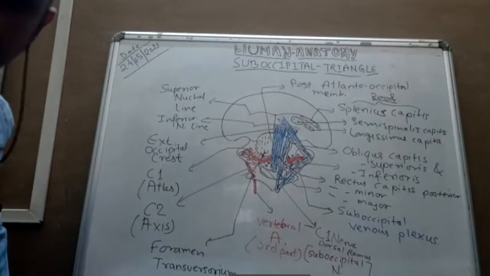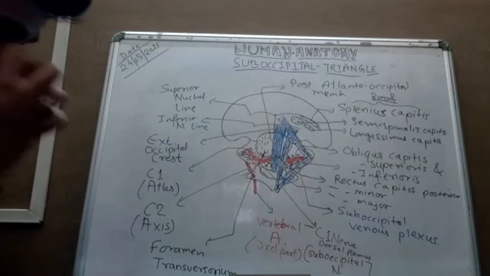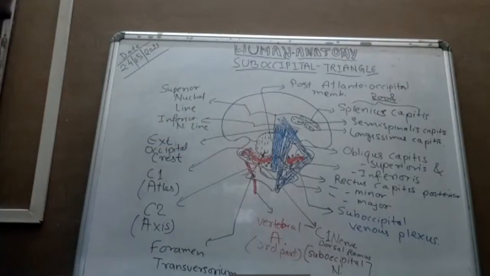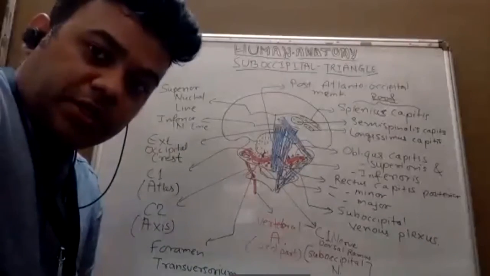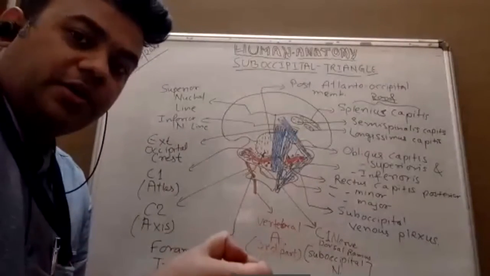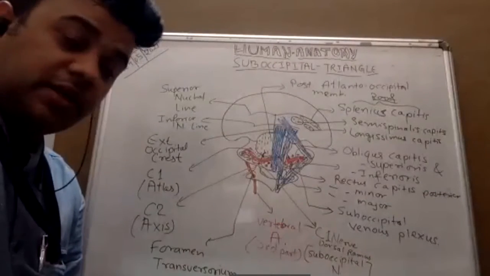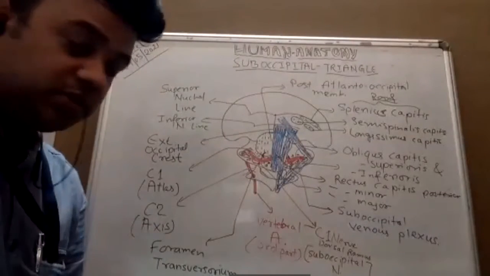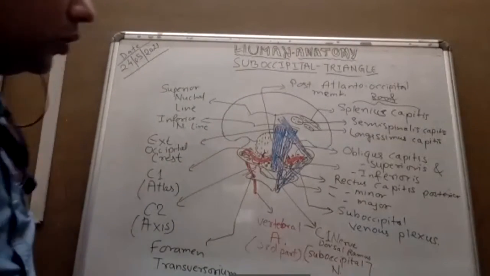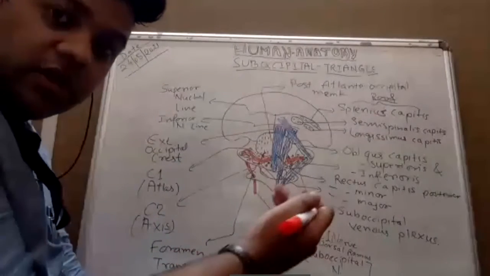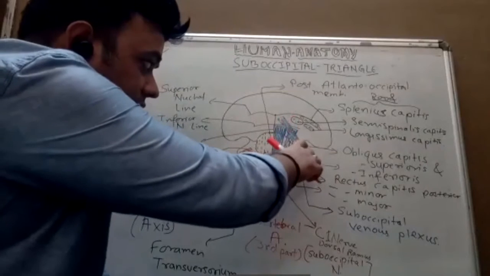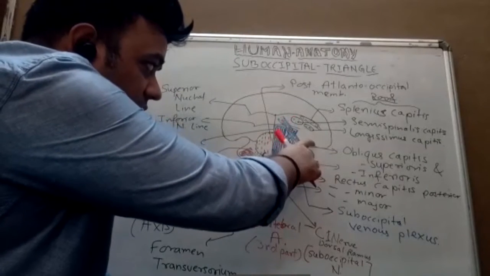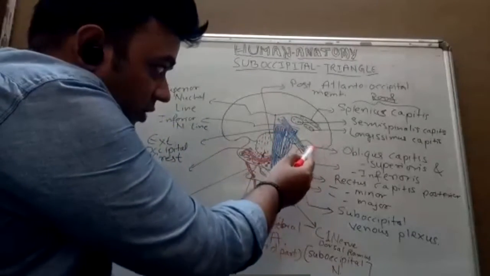Okay, there are some other structures which are related to the triangle apart from this. So there is the occipital artery. So you know the occipital artery is a branch of the external carotid artery. I have repeated it again on the scalp and other areas. So that occipital artery is coming posteriorly through a mastoid notch. The mastoid notch is present medial to the mastoid process.